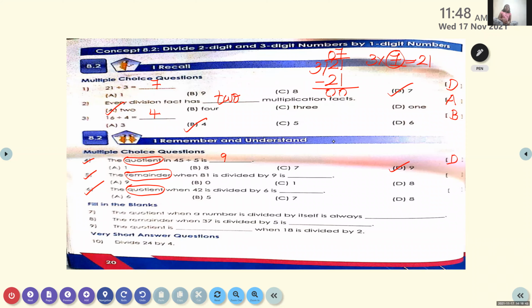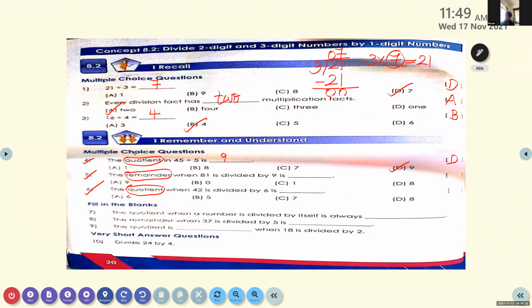Next question. In the next question, you have to write the remainder on the dash. Ryan, question number 5.